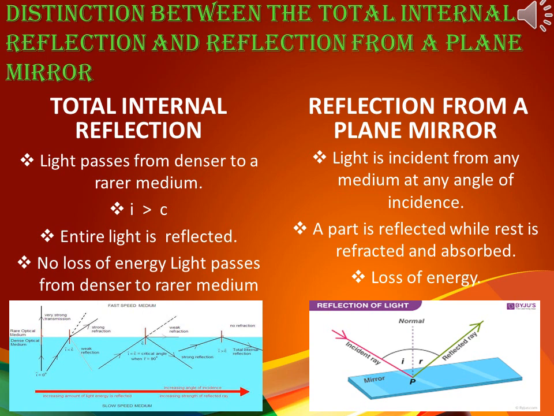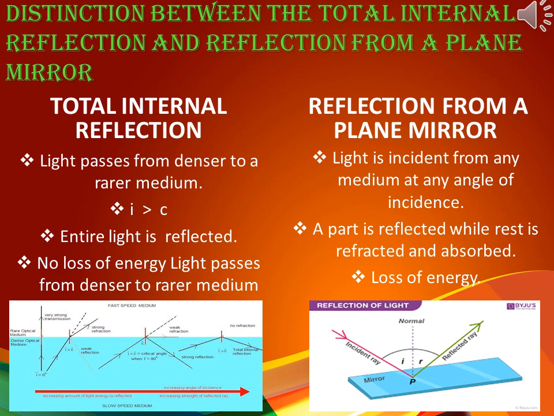Whereas reflection from a plane mirror takes place when light is incident on a plane mirror from any medium at any angle of incidence. In TIR, the entire light is reflected, whereas in reflection from a plane mirror, only a part of light is reflected while the rest is refracted and absorbed.